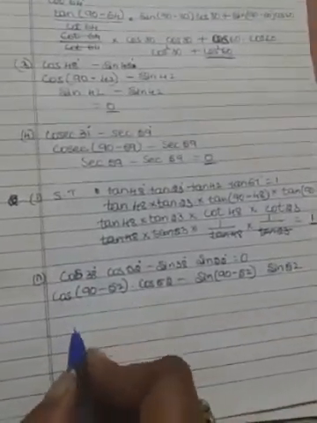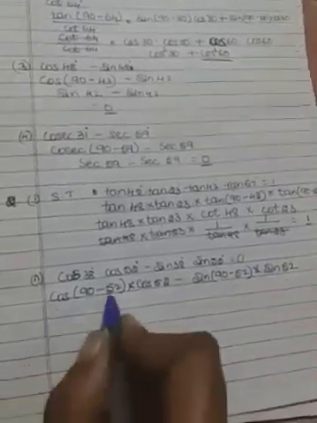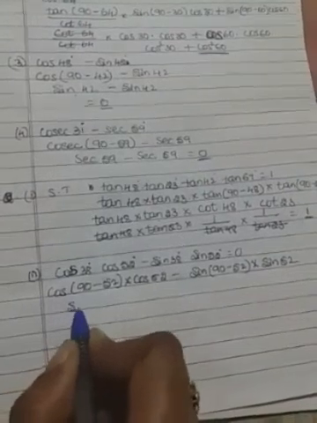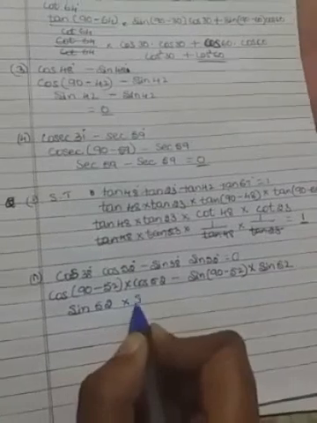Cos 90 minus 52 we can write as sin 52, keep that in mind.